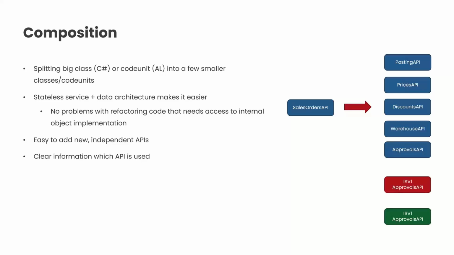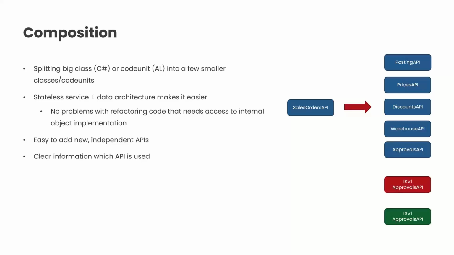So the solution for that is composition. Composition means that you can split this big class into smaller ones. Obviously, with the example from the previous screen, it could be a bit tricky because you have a lot of methods operating on internal variables that are not visible outside.